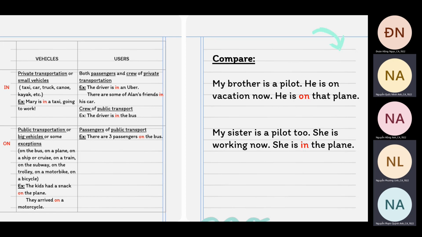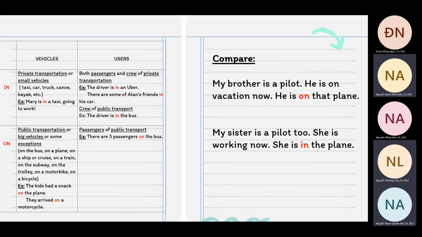And we will compare the two examples besides. My brother is a pilot. He's on vacation now. He's on that plane. And my sister is a pilot too. She's working now. She's in the plane. So what is the difference?